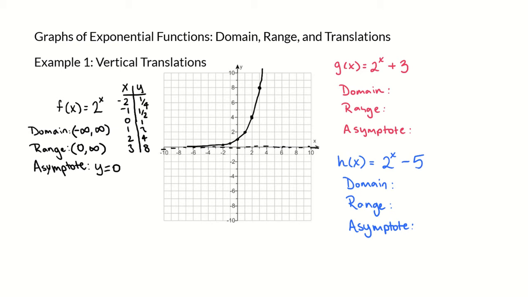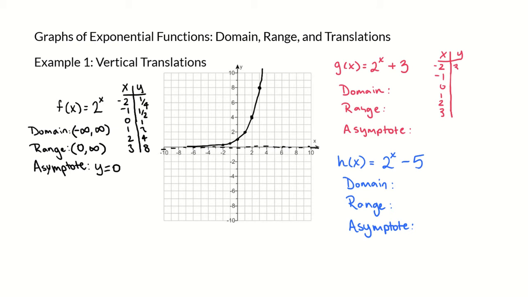So now if we look at a translation of this graph, 2 to the x plus 3 for g of x, that means that for the same x values, so -2, -1, 0, 1, 2, and 3, the y values will be the same except increased by 3.